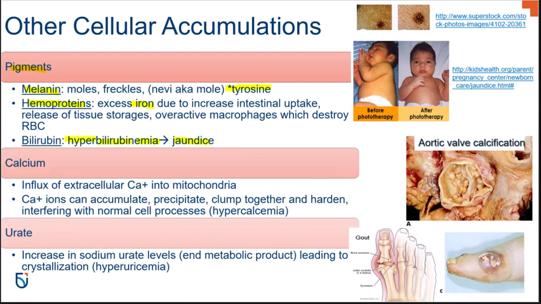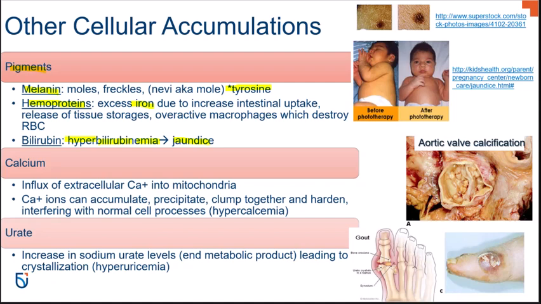Next up is calcium as a substance that can accumulate in cells. Calcium salts can accumulate in both injured and dead tissues. An important mechanism is the influx of extracellular calcium into the injured mitochondria. Damage can occur when calcium salts start to cluster and then start to harden, and this can interfere with normal cellular structure and function.